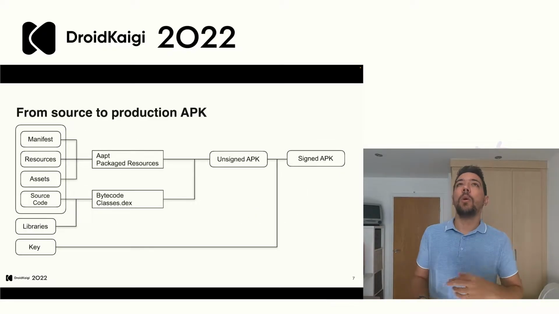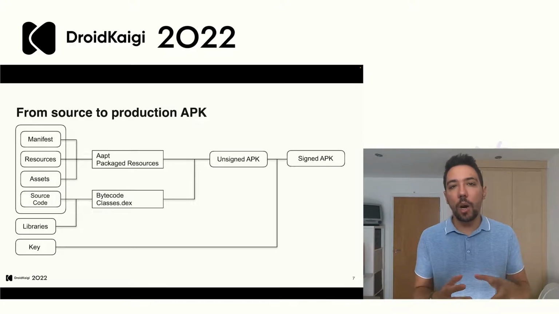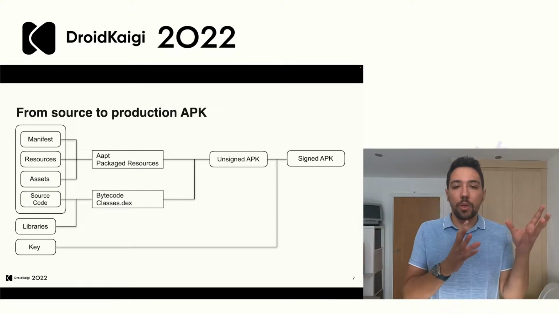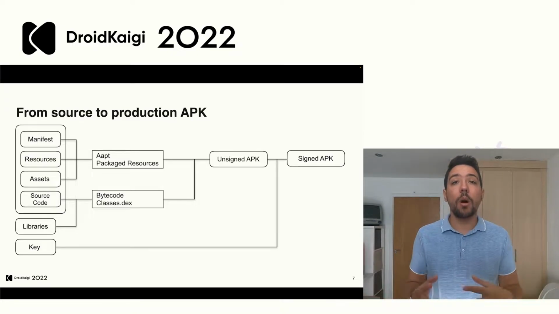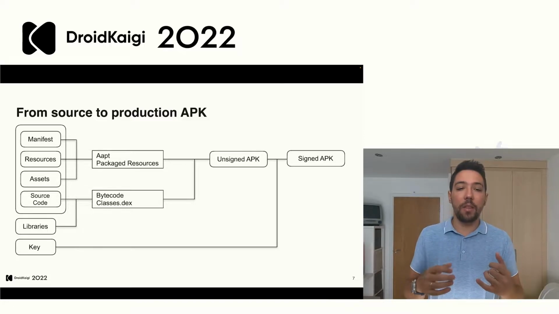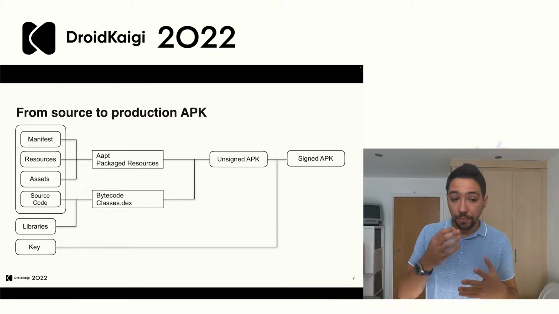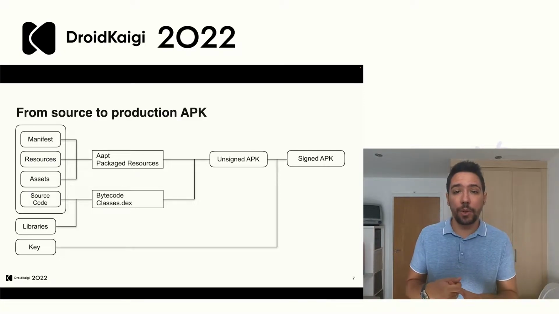Great, so now before we actually get to reverse engineer the application, let's talk about how we go from your actual source code to the production APK, how the application is built. So first and foremost, we have the manifest, resources, assets, and source code. And of course, any of the libraries that we're using.